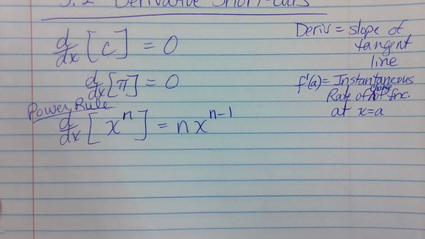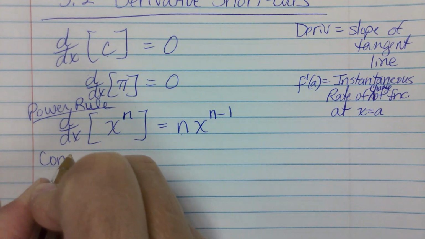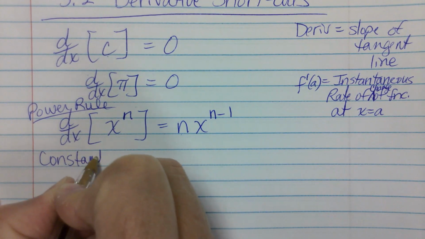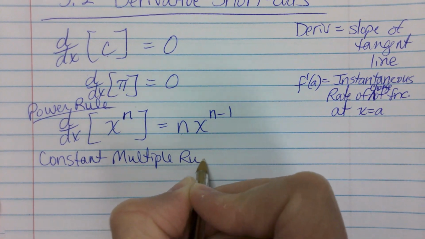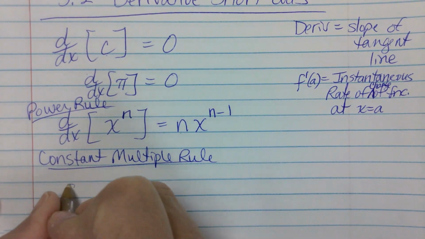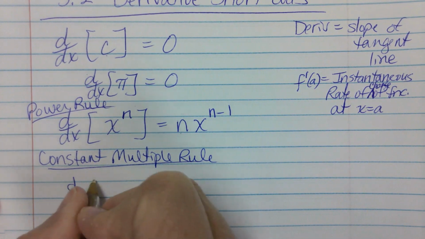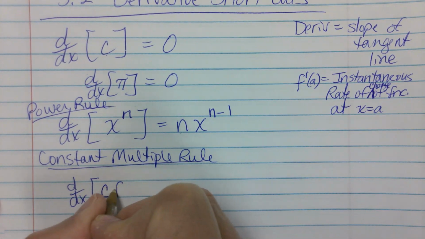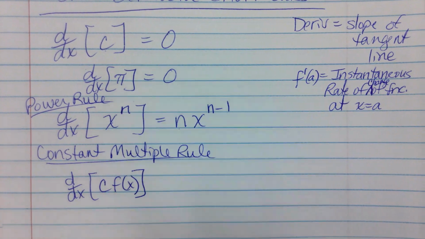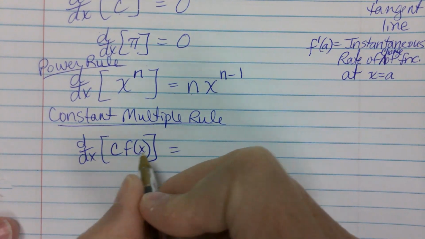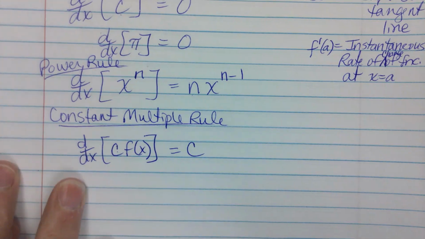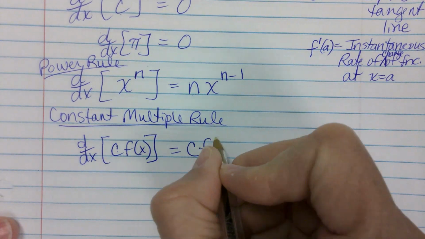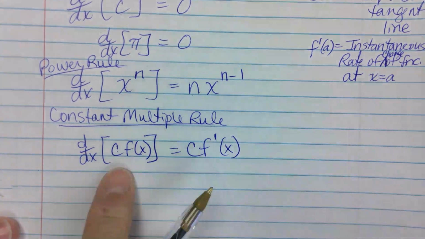The constant multiple rule is this. The constant multiple rule says if I have a constant multiplied by a function, then I can just take that constant out and kind of not deal with it, and then take the derivative of the function.